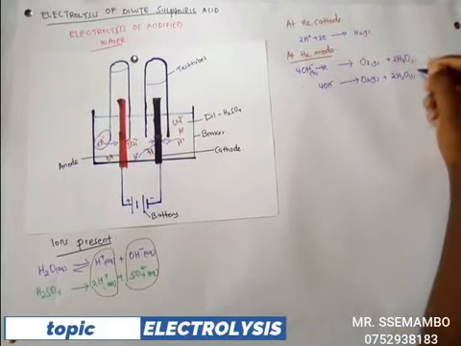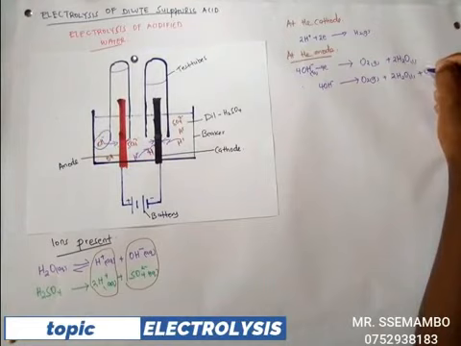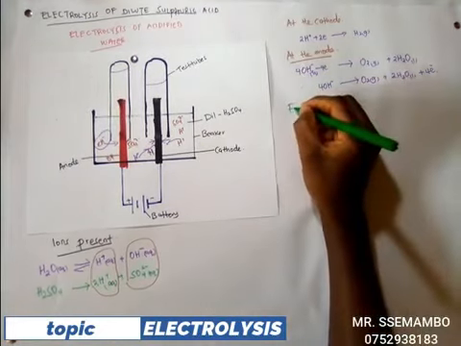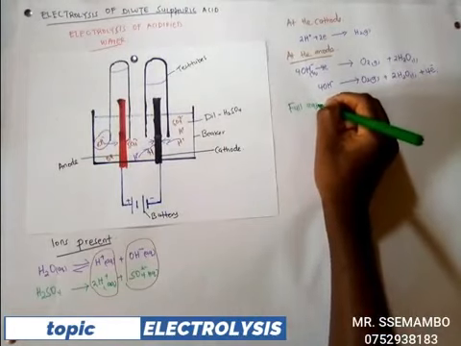Then bring the negative 4 this side, and it becomes a positive 4 electrons. That is our equation. So if you are asked to write the full equation from the half equations at both electrodes, you are supposed to write the full equation.